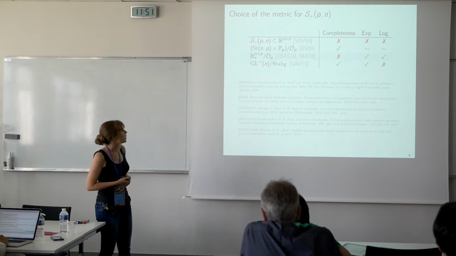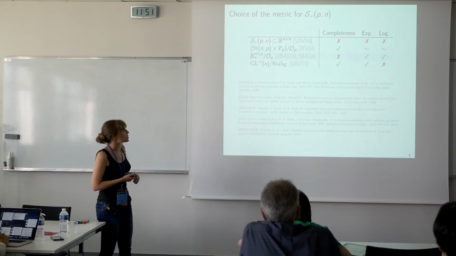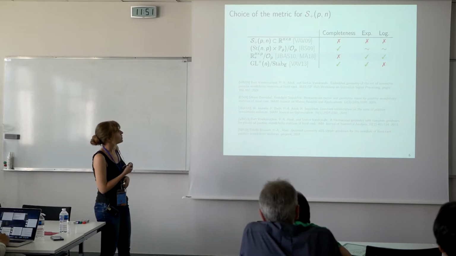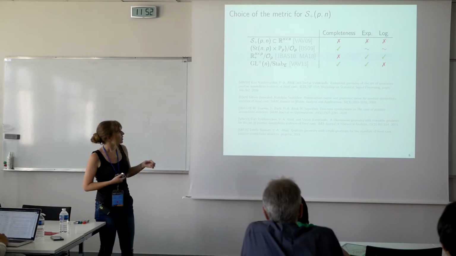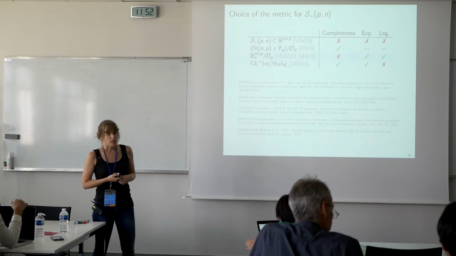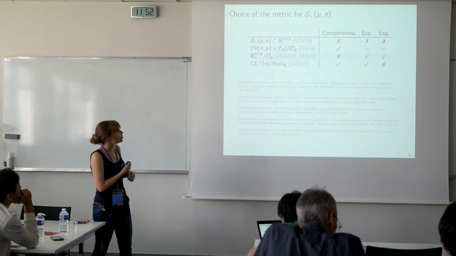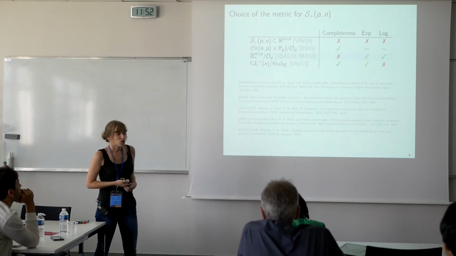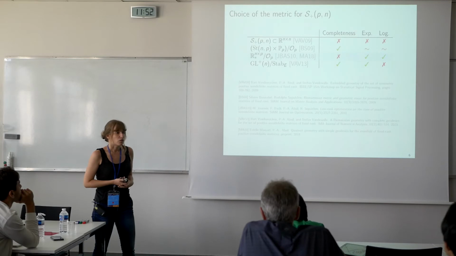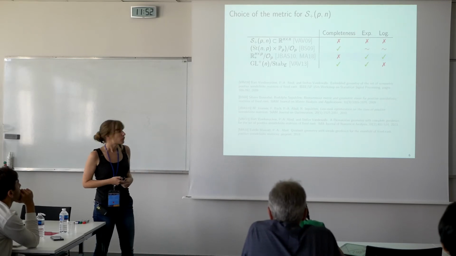The one that we will use, associated to the Wasserstein distance, is the association of this manifold to this quotient, where this is the set of full rank n times p matrices by the orthogonal group. This is the second motivation to use this manifold: for this one, we have obtained expressions for the exponential and the logarithm, so we can use them, and this is useful for numerical applications.